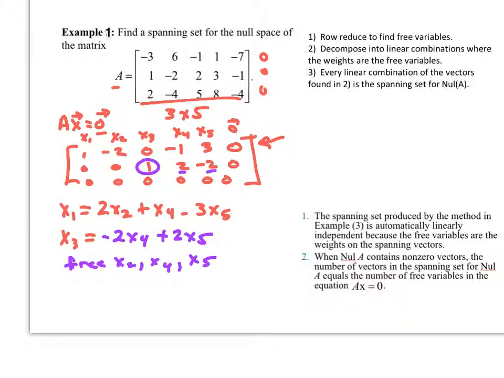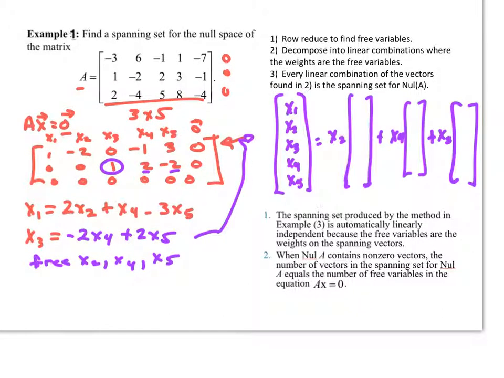What I can do then is take all of these and write them in somewhat of a vector form. So here's my setup. x1, x2, x3, x4, x5, and then in terms of all my free variables that I do have. So x1 is in terms of x2 with a 2 there, and then at x4 there's a 1, and then at x5 we get a -3, and that all comes from right here.